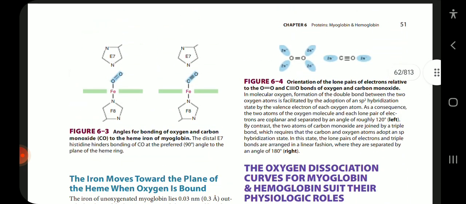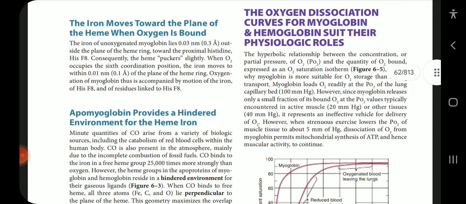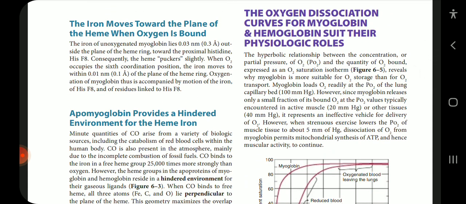In figure 6.3, we can see the angles for bonding of oxygen and carbon monoxide to the heme iron of myoglobin. The distal E7 histidine hinders bonding of CO at the preferred 90-degree angle to the plane of the heme ring. The iron moves toward the plane of the heme when oxygen is bound.